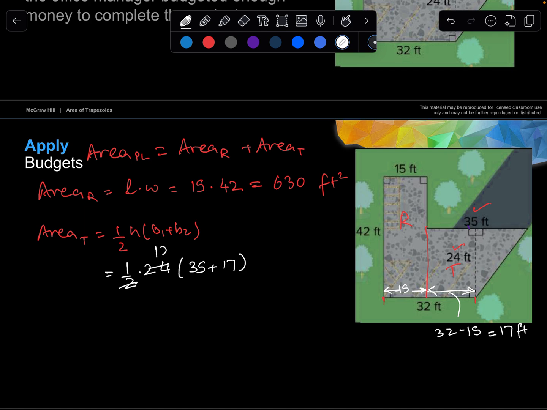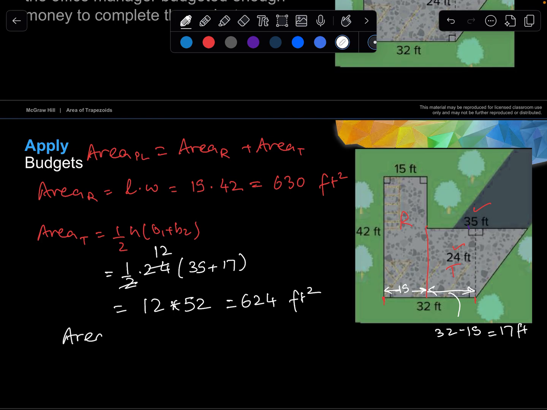24 divided by 2 gives me 12. So this is nothing but 12 times 52. So as to not confuse it with the decimal, I'm going to use the multiplication symbol. And I know 12 times 52 is 624 square feet.